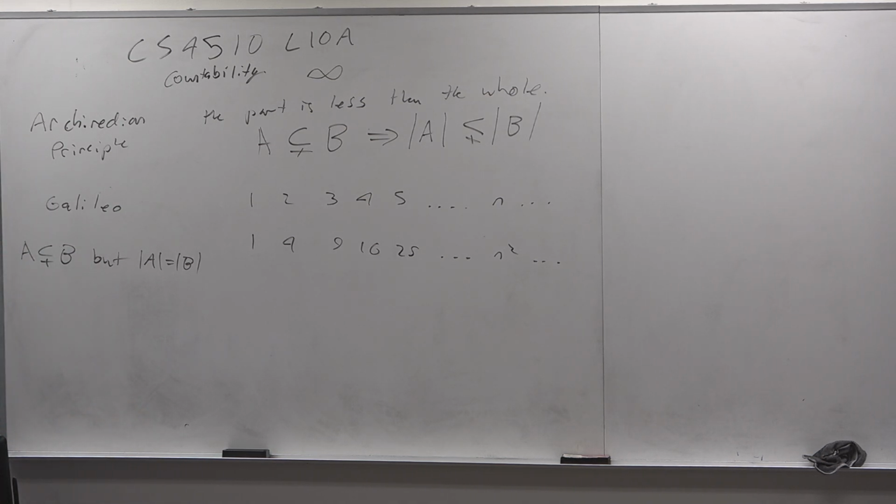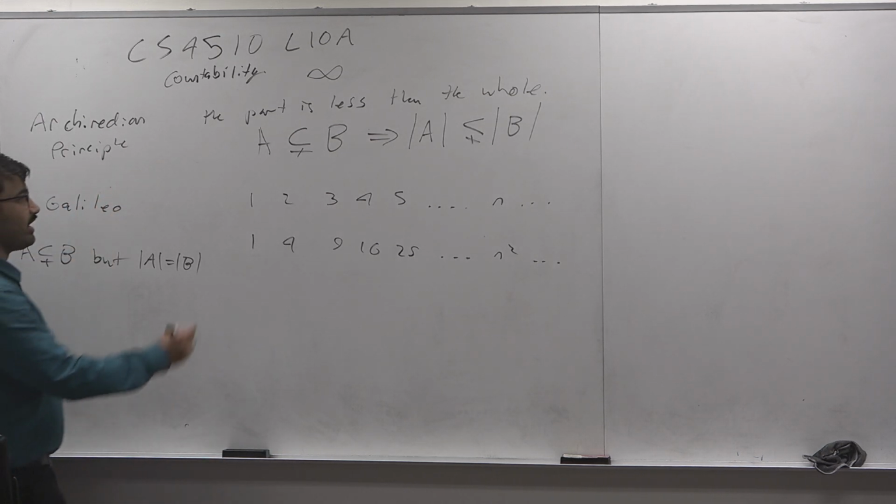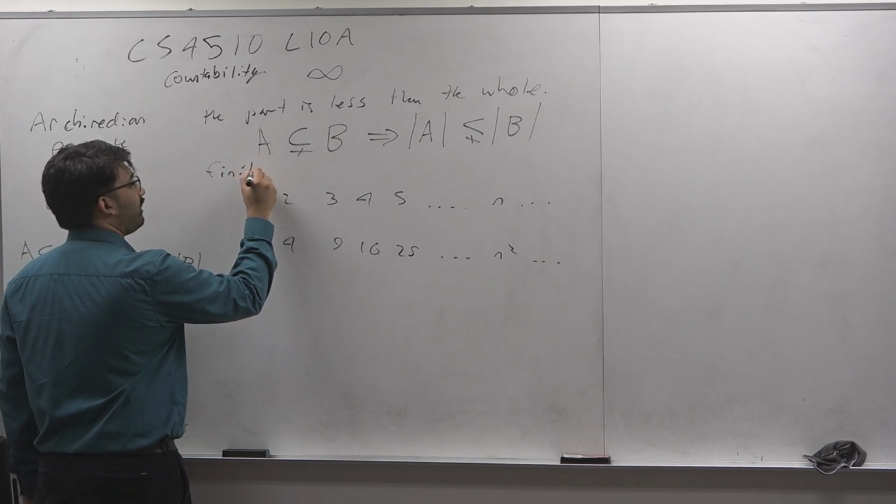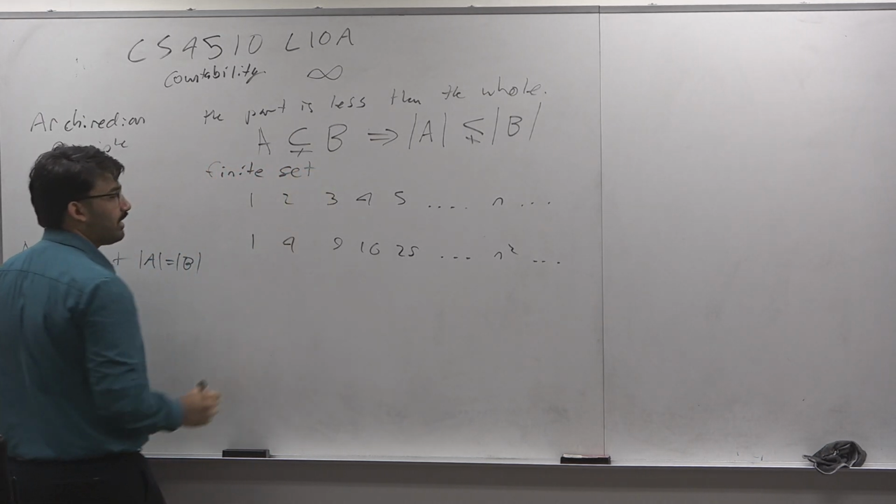There are a few directions you can take. He says the Archimedean principle only applies to finite sets. Again, Galileo didn't know what a set was.